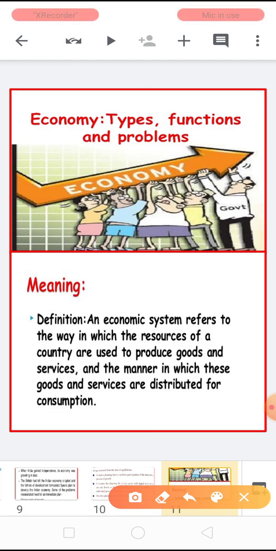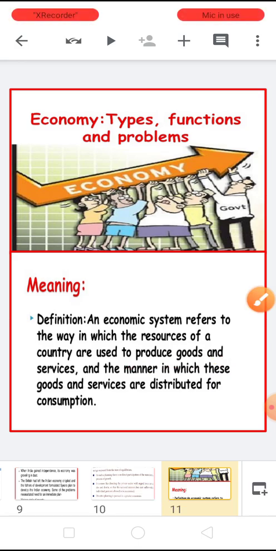An economic system refers to the way in which the resources of the country are used to produce goods and services, and the manner in which these goods and services are distributed for consumption.